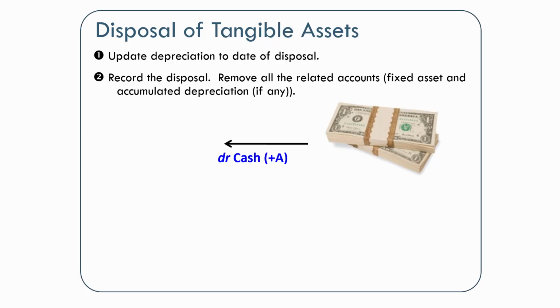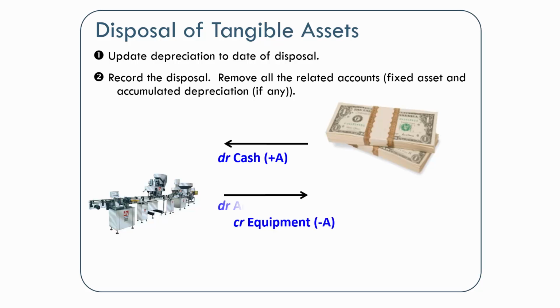So we're going to get cash in usually, and we are going to give up our equipment, and we're going to give up our accumulated depreciation. Now the amount of cash that's going to be the debit to cash is the cash which we receive, whatever that cash happens to be, and the removal of these account balances is determined by whatever's in the account balance.